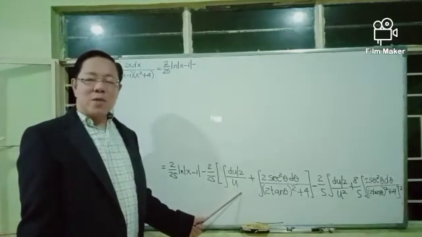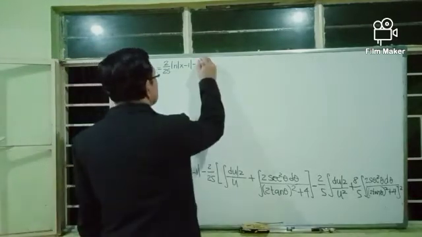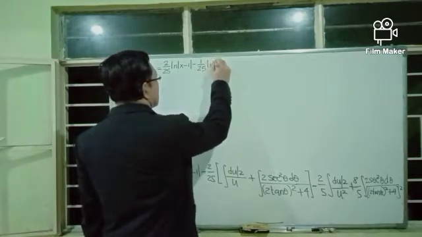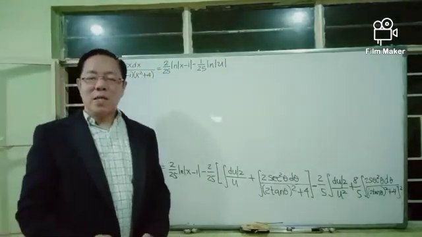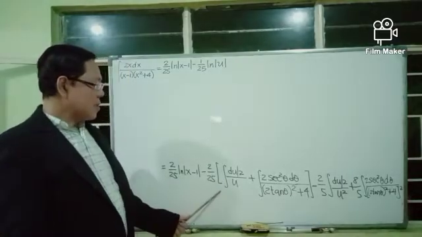And the integral of du over u is ln of u, where we let u earlier as x squared plus 4 for this term.